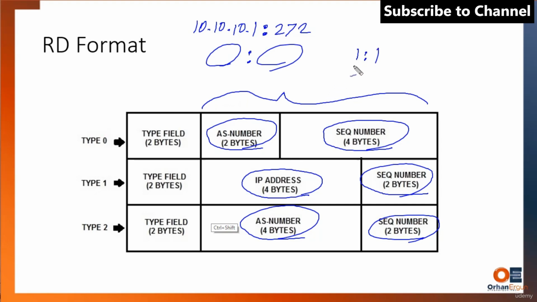It doesn't really matter what number you use here, but what is important is that you can distinguish this from another one. Now, we add this to the beginning of the prefix which we are going to install in our routing information base. So I have 1:1 in the beginning, and then let's say 10.10.10.0/24.